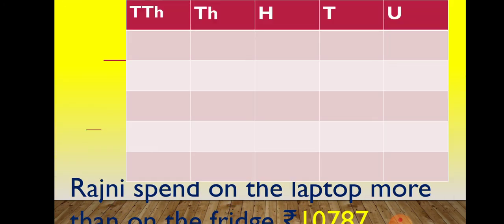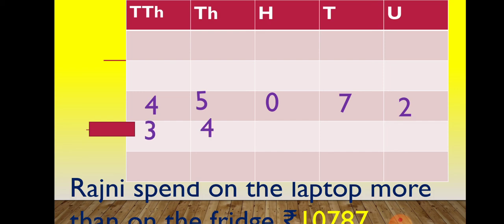So what do you do? First one, write down 45,072 minus fridge worth rupees 34,285.